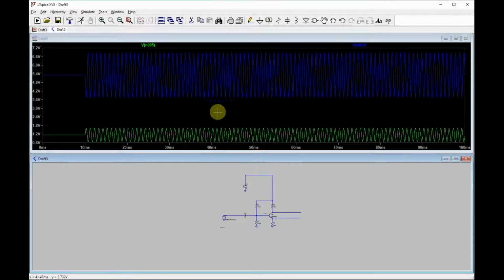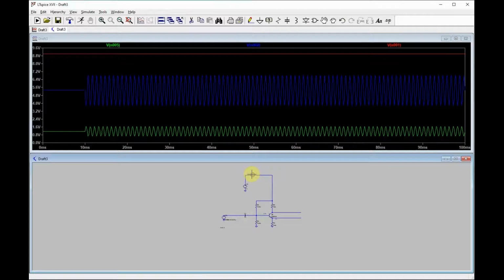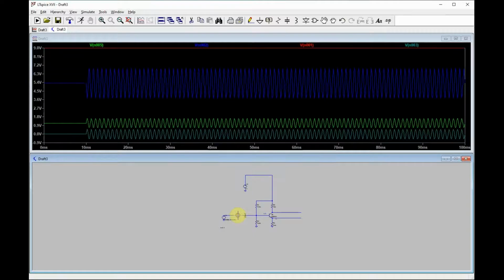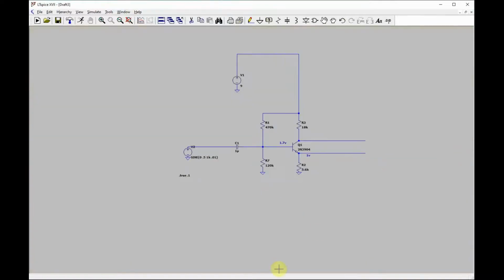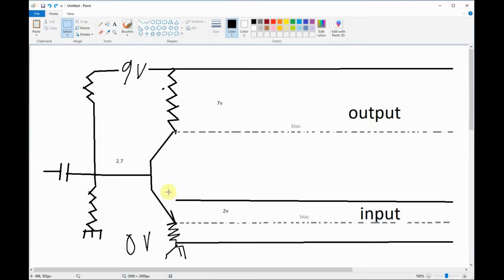Now, why is this? Let me plot the ground. Let's put 9 volts in the ground. So we've got this riding around 1, and this one's around 5.5. When you look at the signal here, we're only giving it 500 millivolts. We planned it according to this ugly diagram, with a maximum of 2 volts peak to peak.